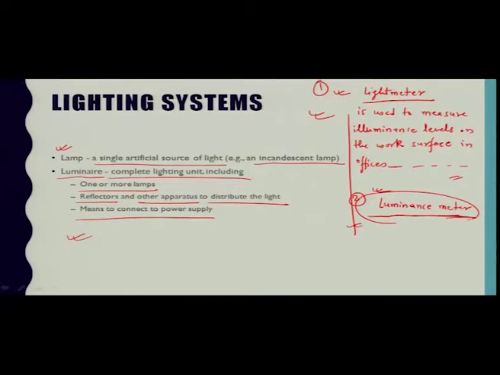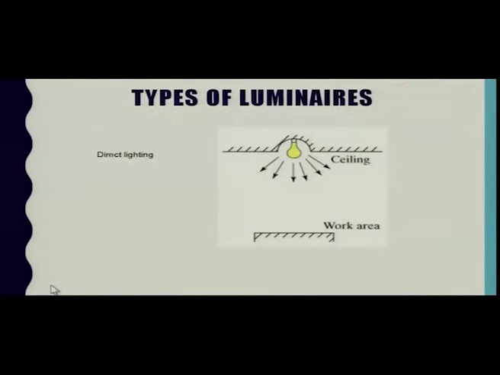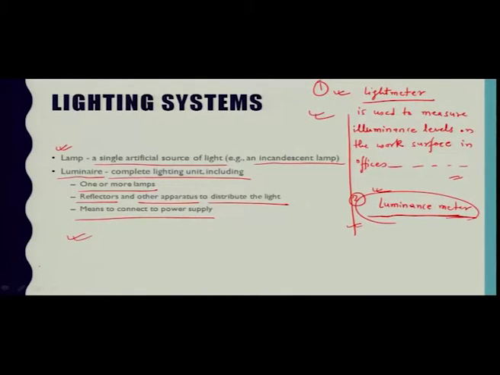However, retinal adaptation often depends on the luminance of objects in the visual field. So this was all about the tools used in this field, and now as a next step we need to understand what types of luminaires exist. Before that I need to clarify the lamp and the various basic types of lamp. So here I am initiating this topic.